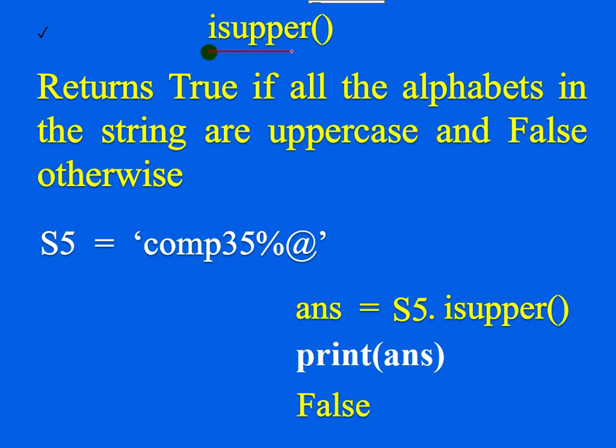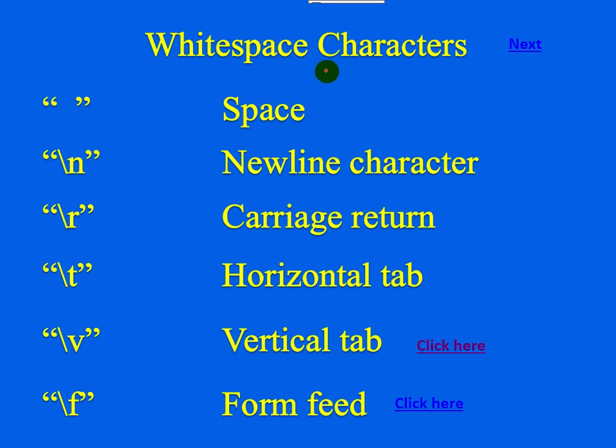So this is the next one, isUpper. And remember how to use the function in a program. It is string variable followed by dot operator followed by function name. Now another important topic, there is a term by the name white space characters. Now these are the white space characters in Python.